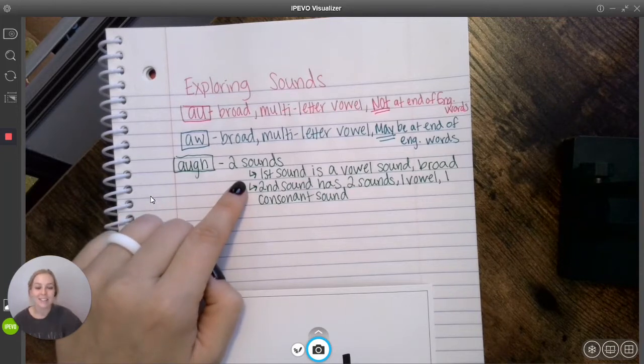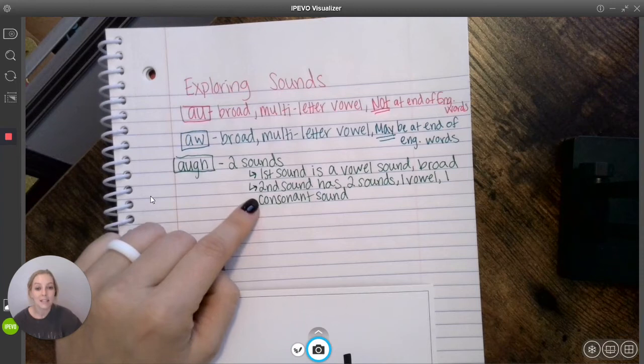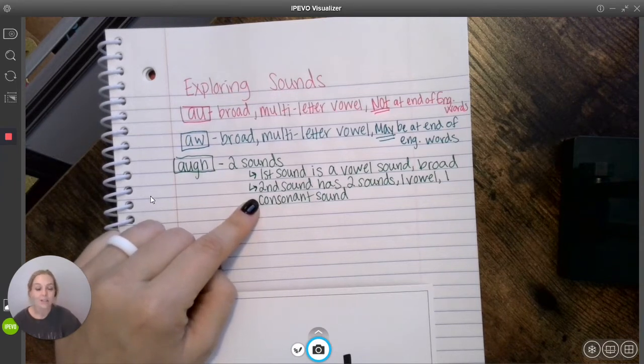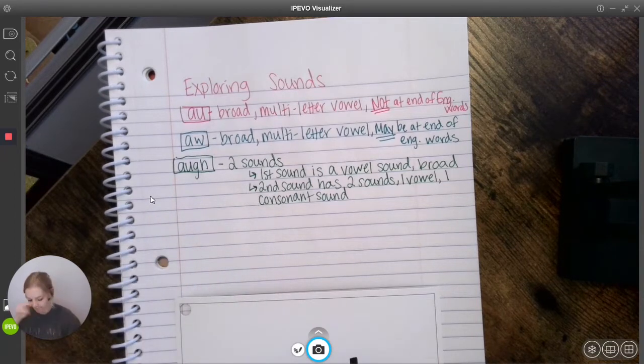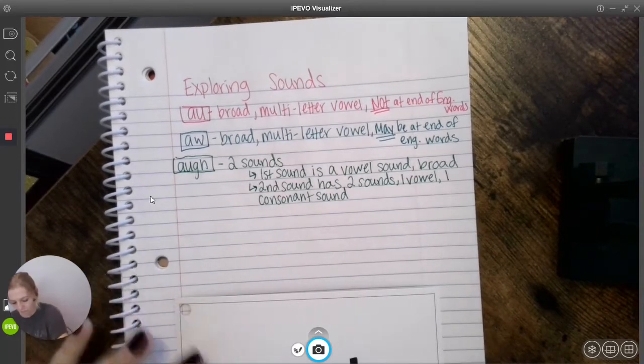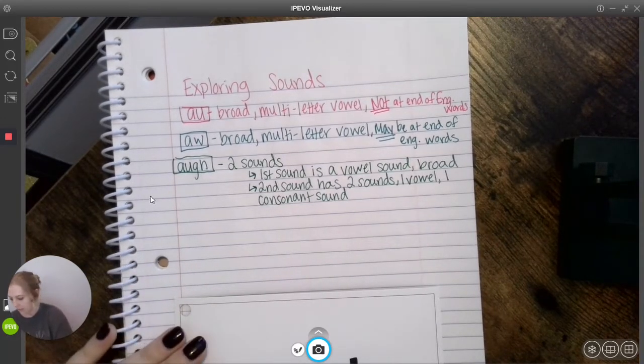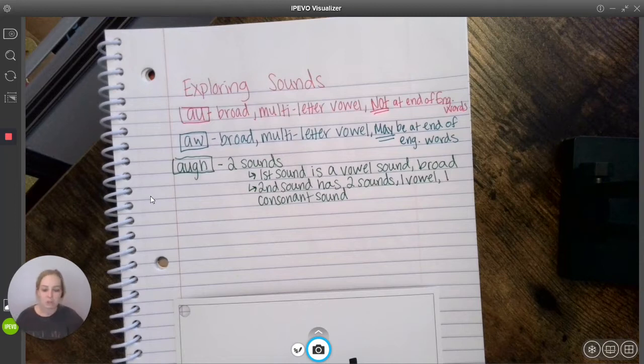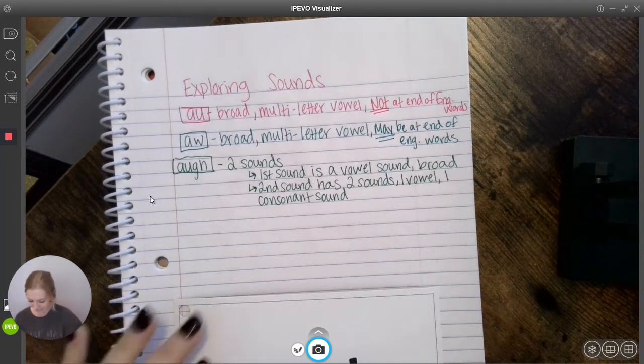The first sound is a vowel sound, broad, ah, and the second sound has two sounds, one vowel sound, a, and one consonant sound, f. So two sounds. We don't need to rewrite the spelling rule because we've already written it.